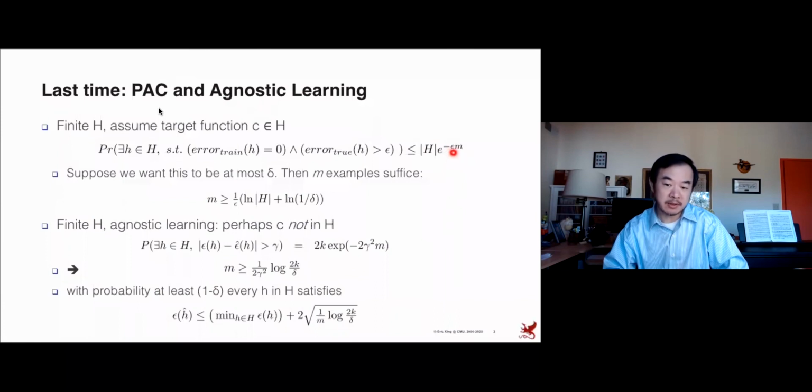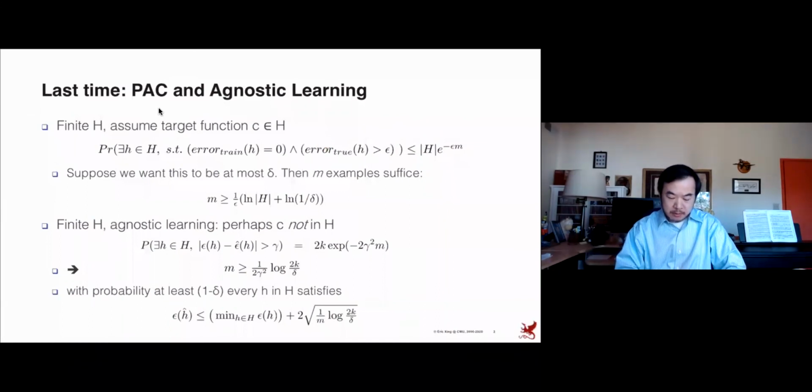So the intuition here is that if you have more and more samples, making m bigger and bigger, then the probability of having such a bad hypothesis will be very small, right? And conversely, you can confidently argue that if you have a hypothesis that has zero error on training, then it is very likely to have a very low true error.